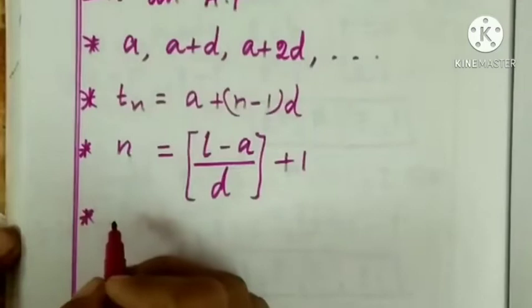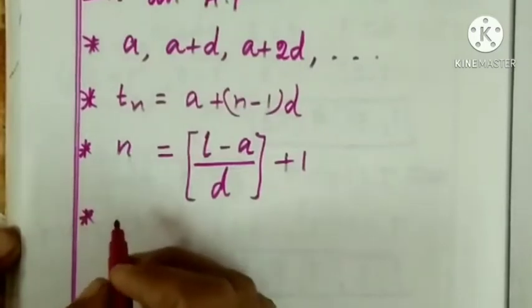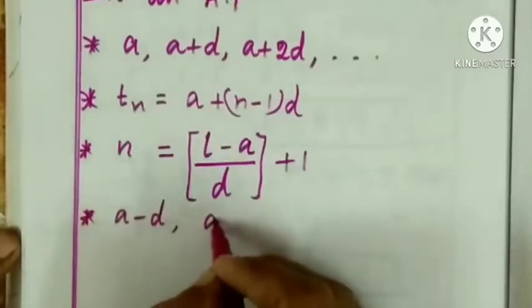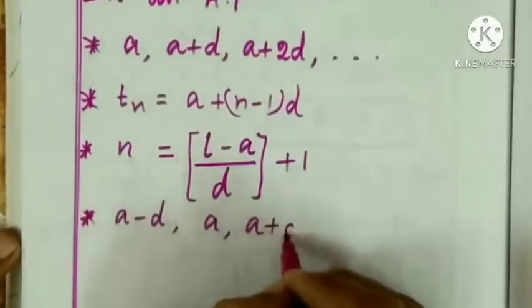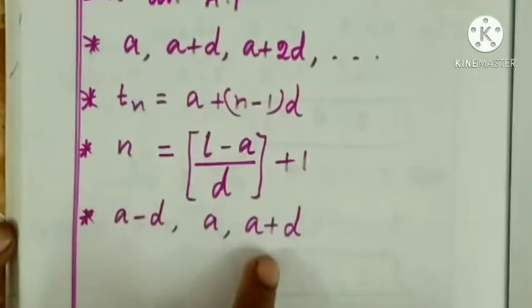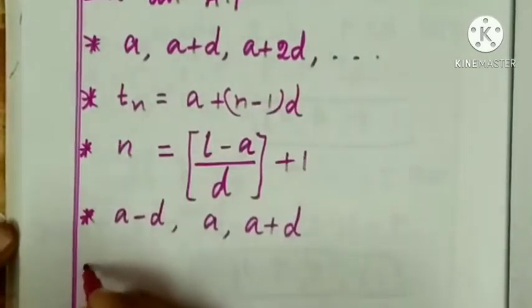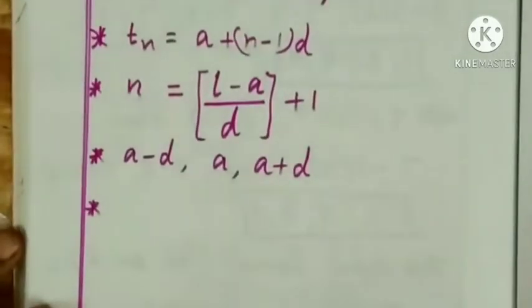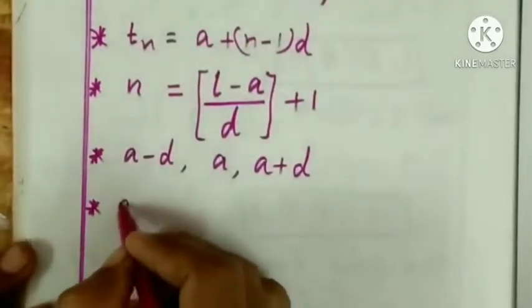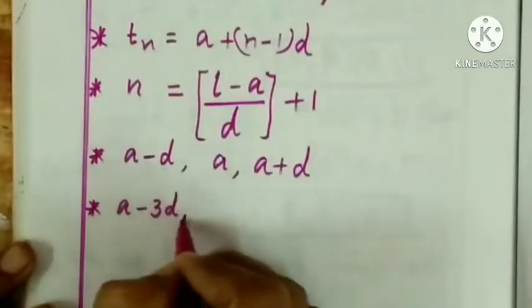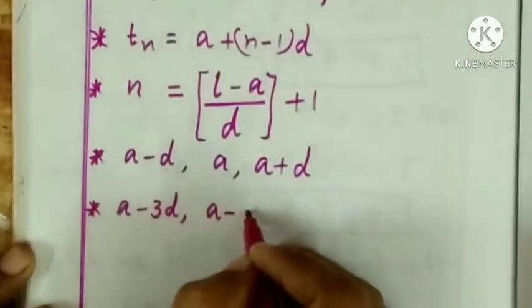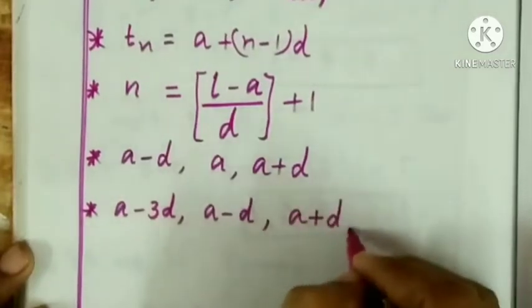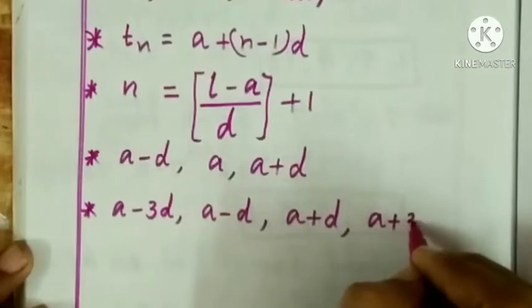The three consecutive terms of an AP are A minus D, A, A plus D. Here the common difference is D. Then the four consecutive terms of an AP are A minus 3D, A minus D, A plus D and A plus 3D.